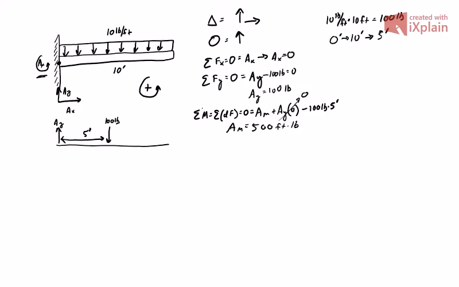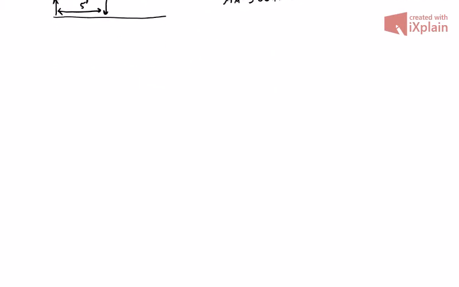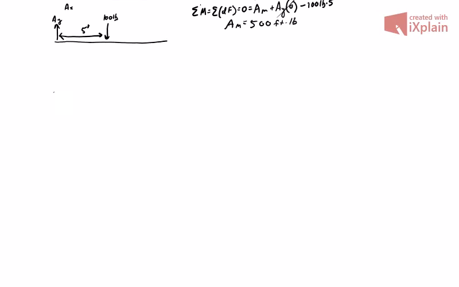Okay, so at this point, we've solved for all of our reaction forces. So we can move into doing our shear and moment diagrams. Like I said in the previous example, you have to remember to go back to having a distributed load before you do your shear and moment diagrams, or else it's all going to be wrong. So I'm not going to draw the point load there.